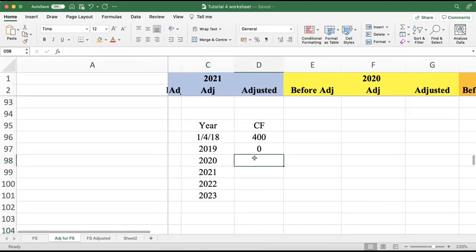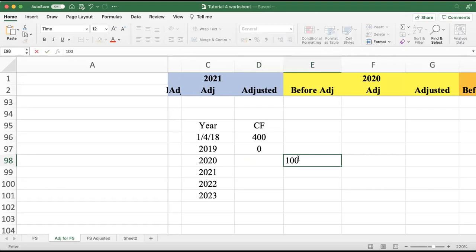Now how much is the second year repayment? 100,000 plus interest. How much interest?